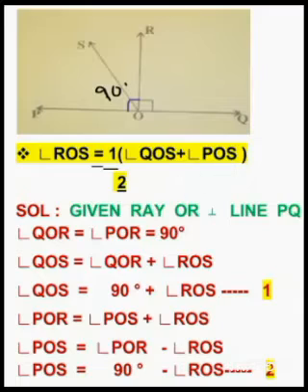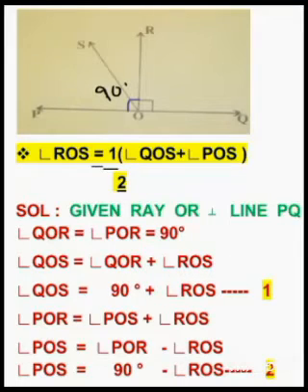So first, let us take angle QOS. How to write angle QOS, children? See the figure again. We can write this as angle QOR plus angle ROS, isn't it? So angle QOS is equal to angle QOR plus angle ROS.